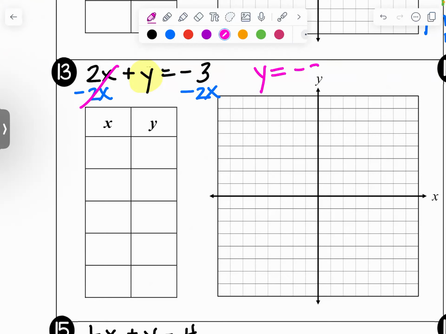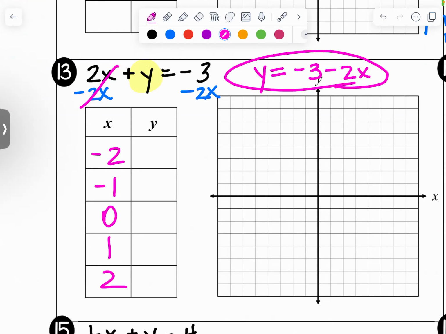We're gonna write -3 minus 2x. Okay, yes. Now we can choose our -2, -1, 0, 1, 2, and plug in for x.